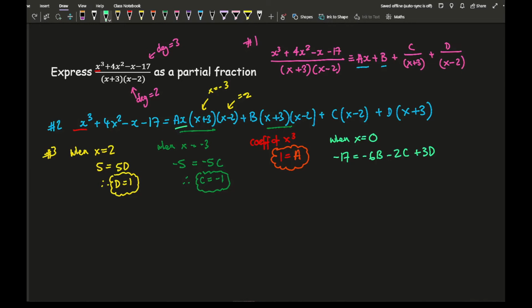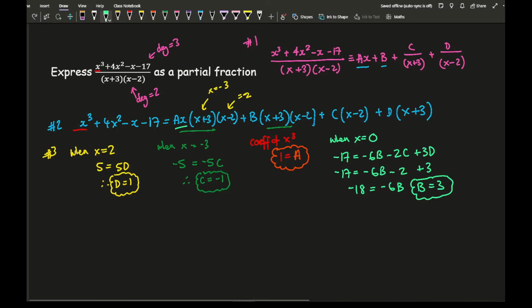Now I already know the values of c and d, so substituting the values in, I get minus 17 equals minus 6b minus 2 plus 3, and then from this I get minus 18 equals minus 6b, so b equals 3. And lo and behold, I've now got my four values of a, b, c and d.